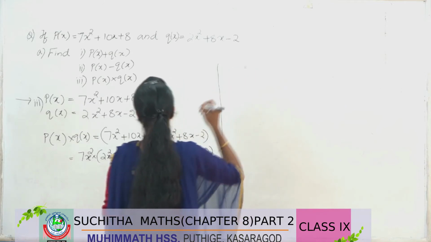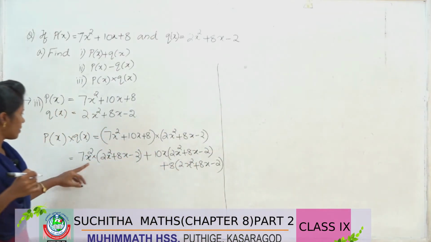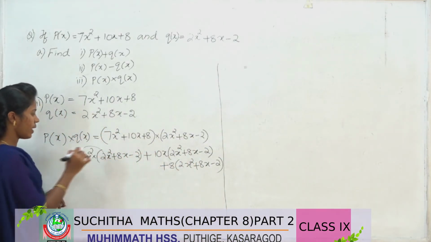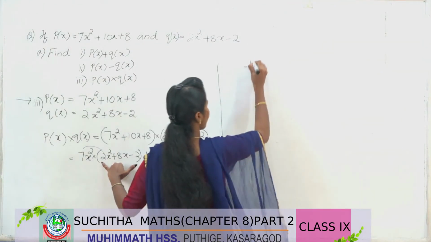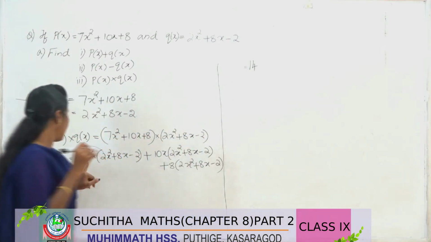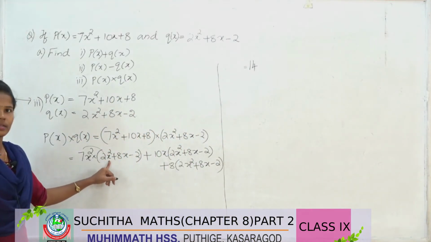That's equal to 7x square into 2x square. 7 into 2 is 14, 14 into x square into x square.